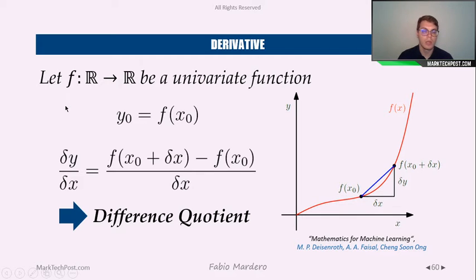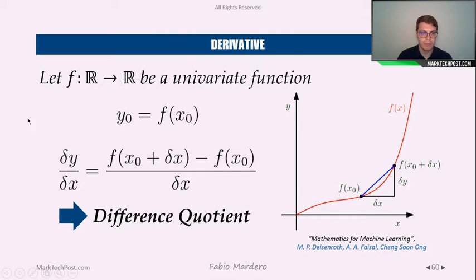Here we start from the simplest possible function, a univariate function that goes from a real number to another real number. We start by looking at a point x0, which has its image equal to y0.